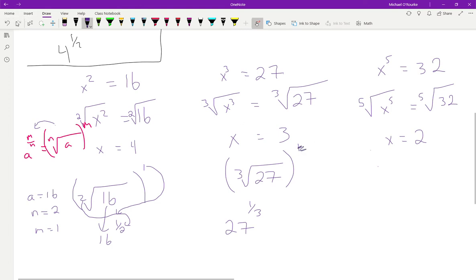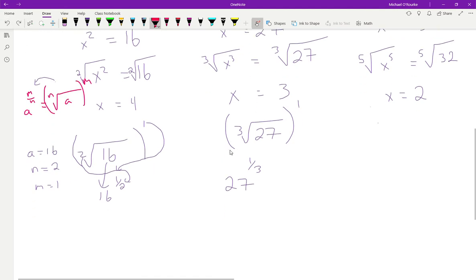Oops. Oh, there's my highlighter. Let me rewrite this one more time. So, the nth root, let's color code this. N, a, and to the power of m.